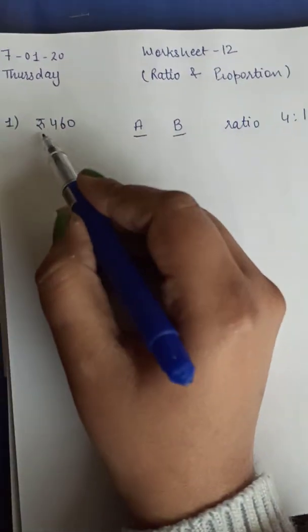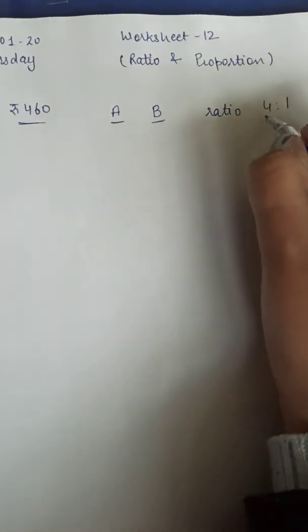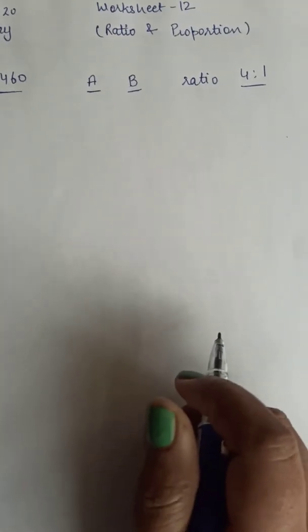So here see, total rupees 460, ratio 4:1.